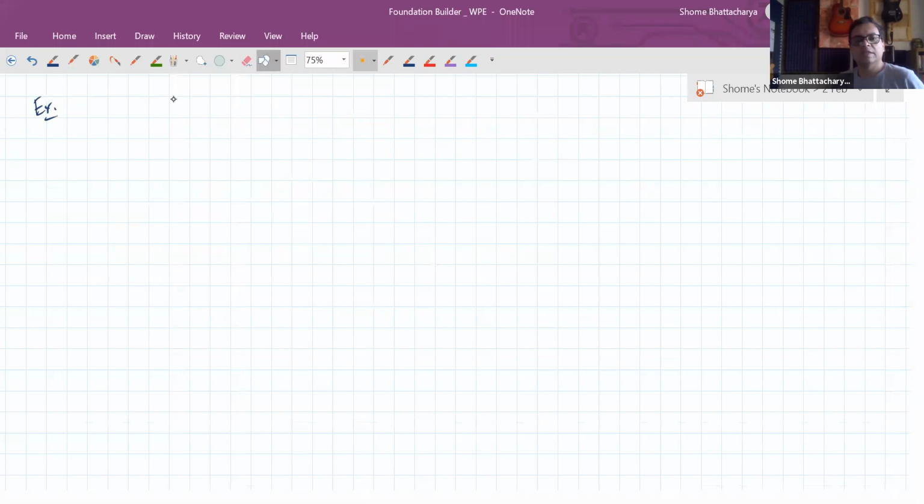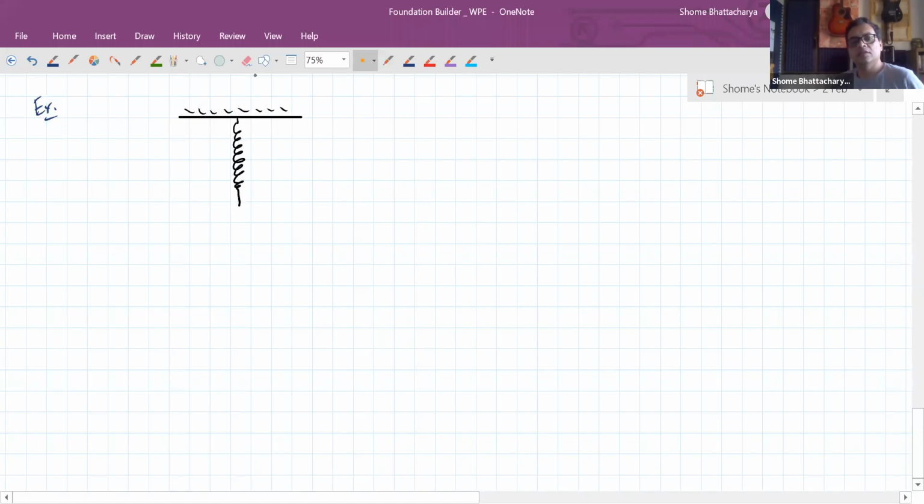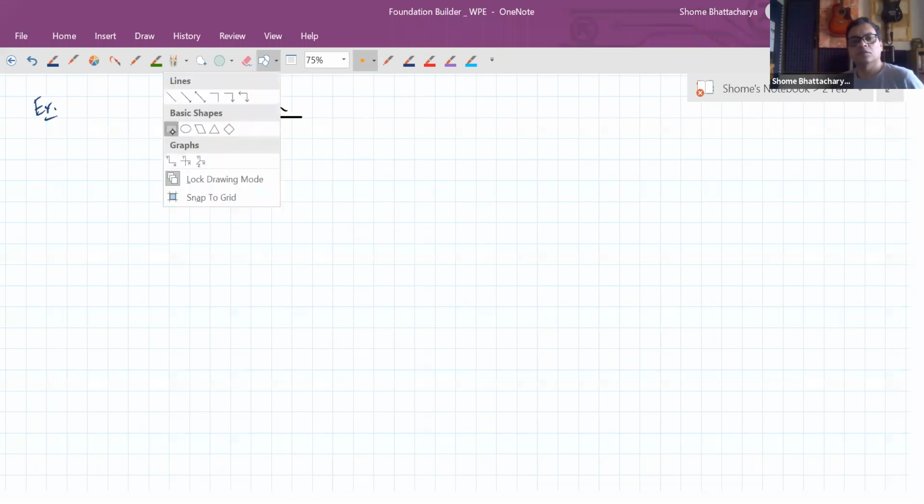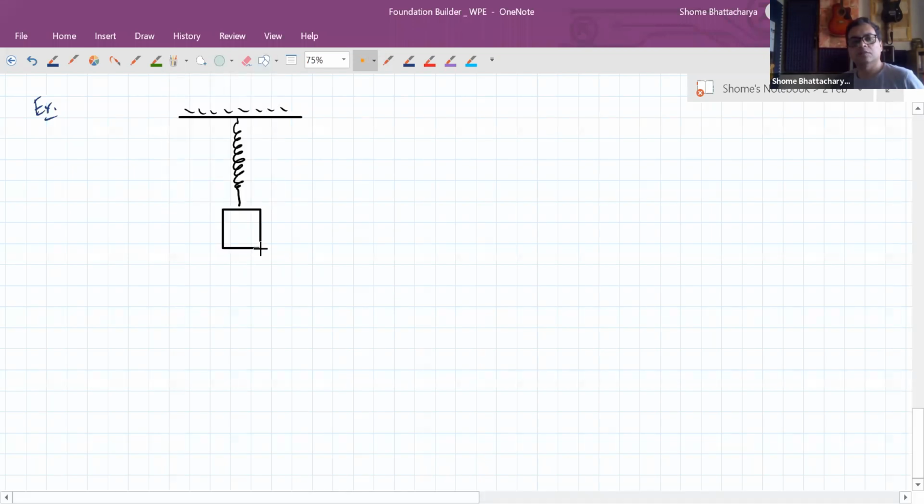Now in this example, we will take a vertical spring mass system. So we have suspended a spring vertically like this and suspended a block to the bottom of the spring. So the spring constant is, let us say, 50 newtons per centimeter, and the block's mass is 10 kilograms.